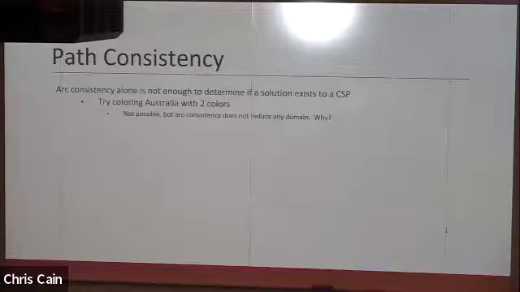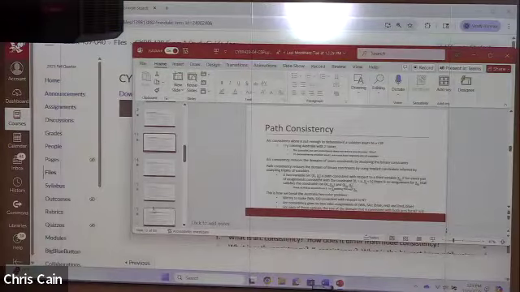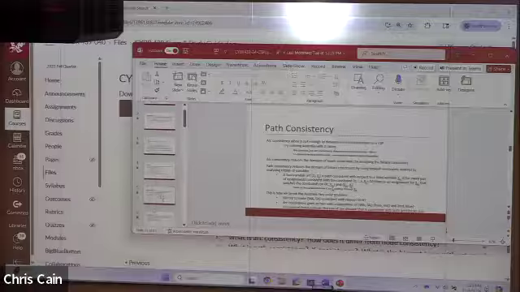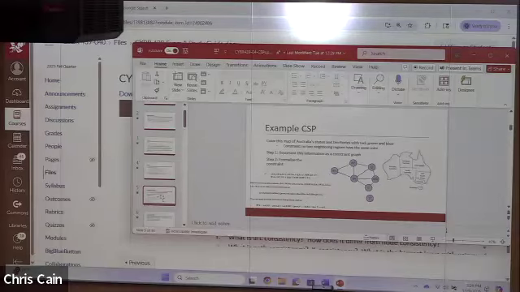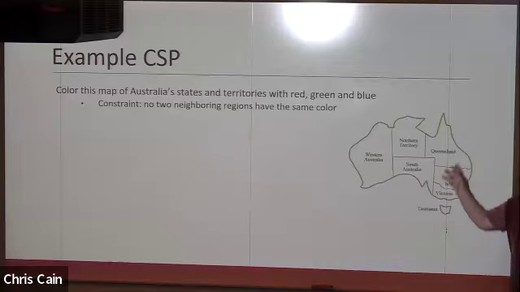So if we go back and look at the picture of Australia to get a sense of this, we only ever look at pairs of these. So someone give me one of these locations. Northern Territory.